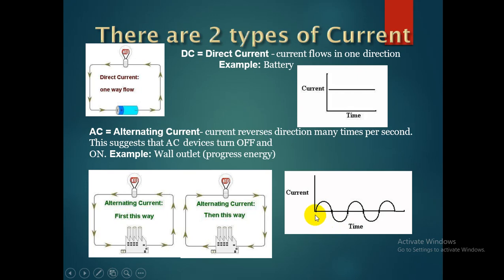One positive half cycle and one negative half cycle combined are called one full cycle, and the entire period of this cycle becomes one time period. Like that, in this diagram you can see two full cycles and one half cycle. 2.5 cycles are available here.